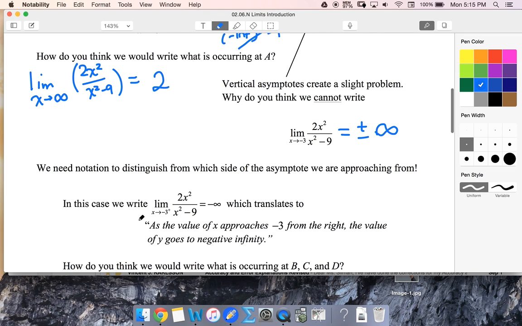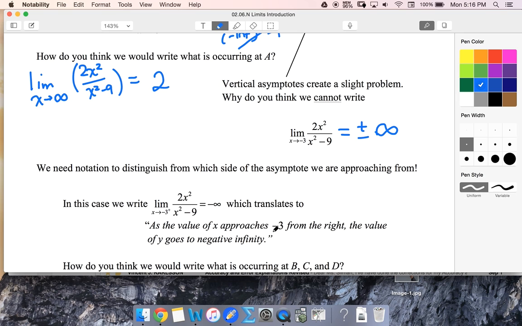So down here, this is what we've been writing on all those previous papers. On those previous examples that we looked at, I was talking about thinking about x approaching negative 3 from the right. Well, here's the way we write it. So the plus or minus has to do with what side of the asymptote you're talking about. So if you're looking at negative 3 from the positive side, that means the right side of the asymptote.